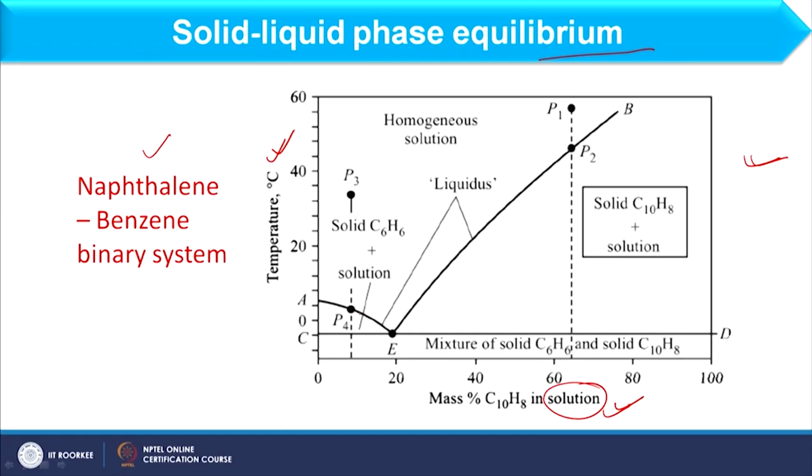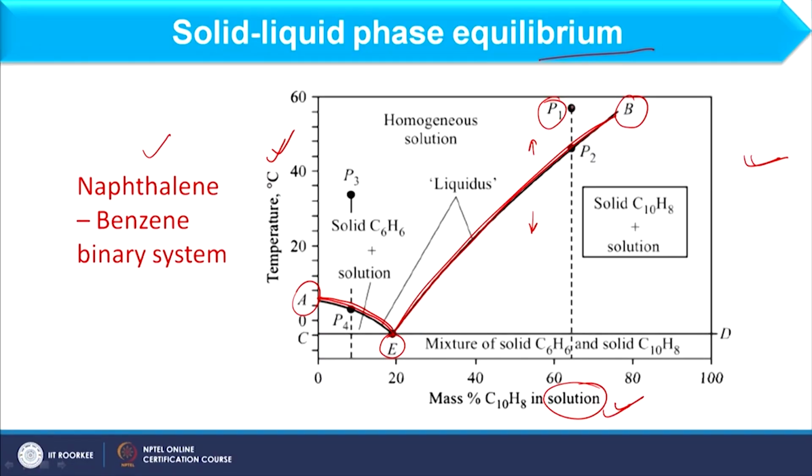If you focus on this line, from A to E and then B, we consider this as the solid liquid phase equilibria line, right. Above this we consider the unsaturated condition, and below this the supersaturation condition. So this curve we also call the saturation condition. Let us see if I have a point P1 in this, fine.